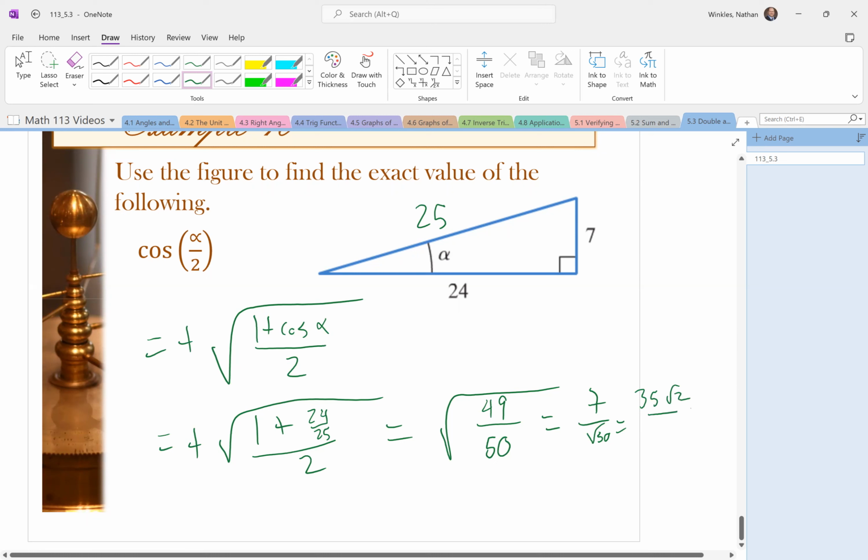So we get 7 root 50 over 50. Square root of 50 breaks down to 5 root 2. So this is going to be 7 root 2 over 10 would be our answer here.